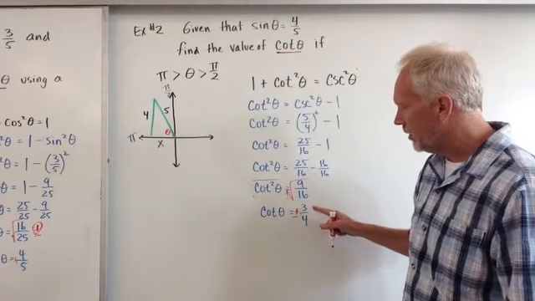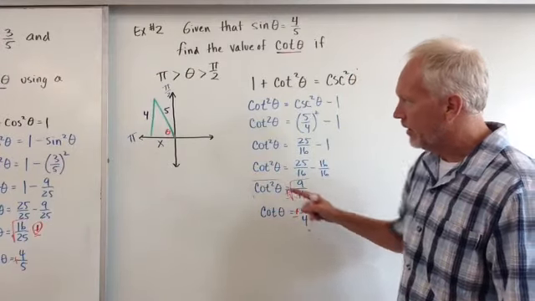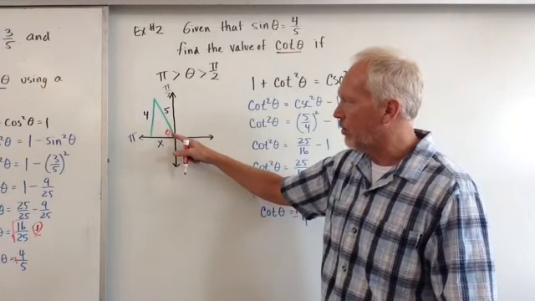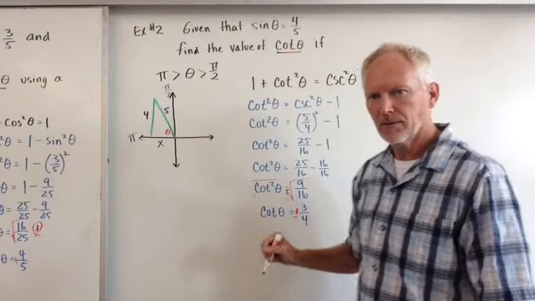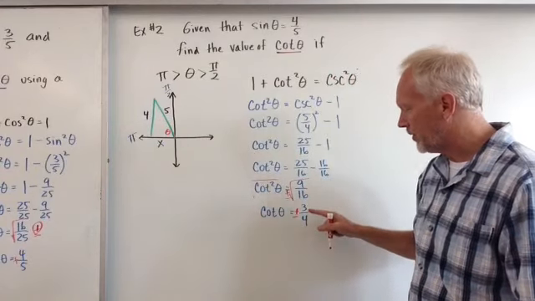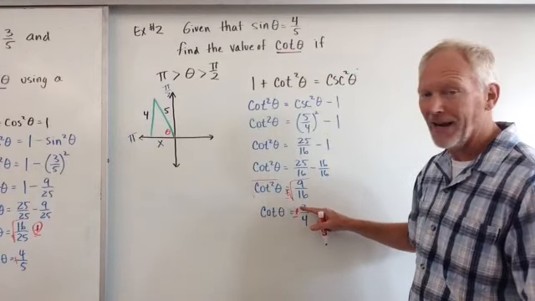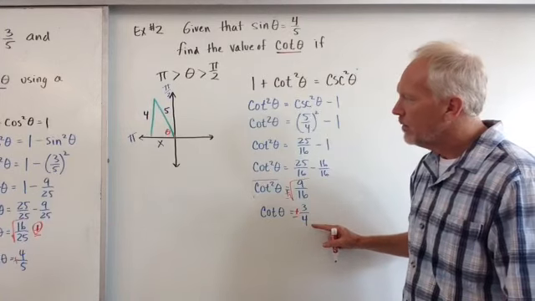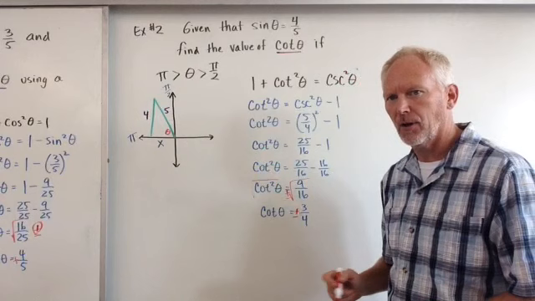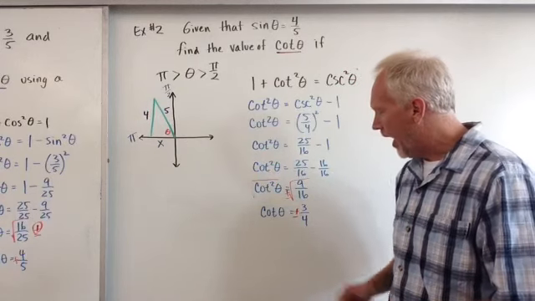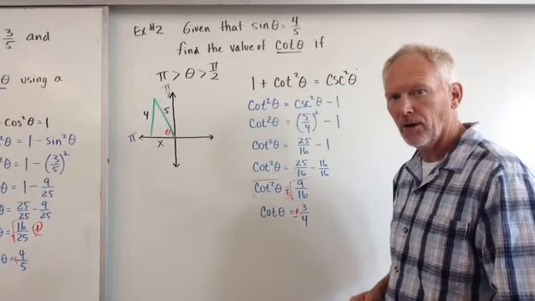Cotangent is, again, if you recall, adjacent over opposite. So now, should my 3 be negative or what? We already know 4 is positive, but we're in quadrant 2. So, pause the video, ask yourself that question. I will now let you know.